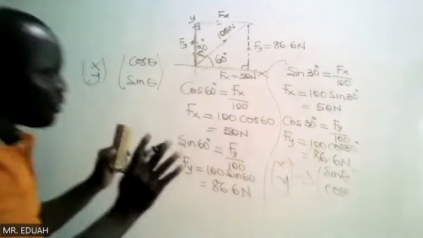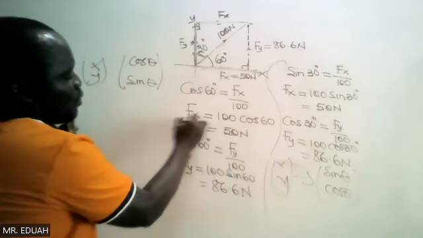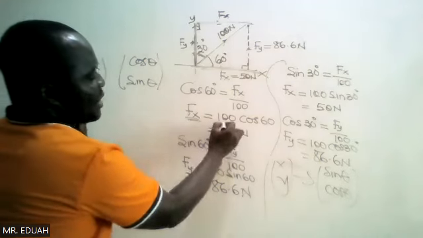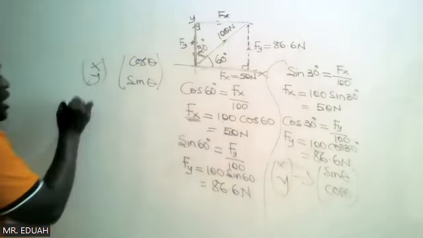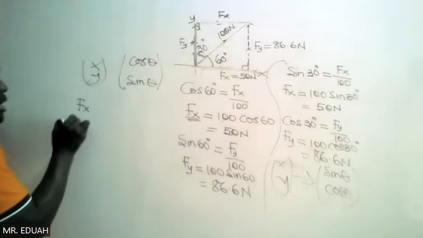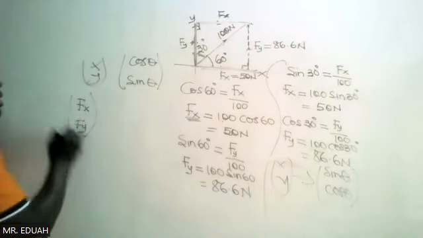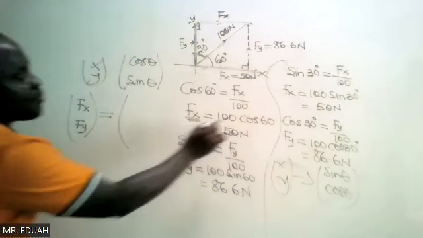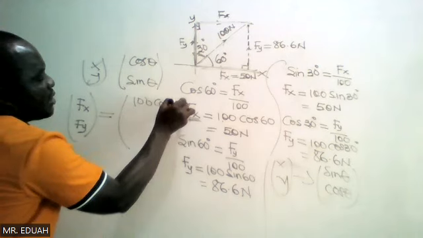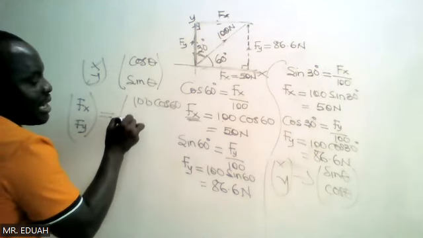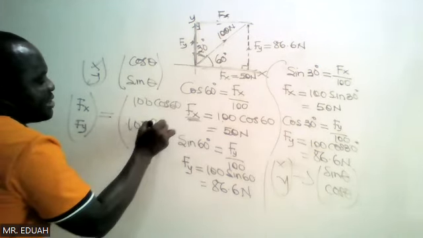And look at what we've done. When we're looking at the x-axis, Fx, Fy is equal to 100 cos 60, then 100 sine 60.